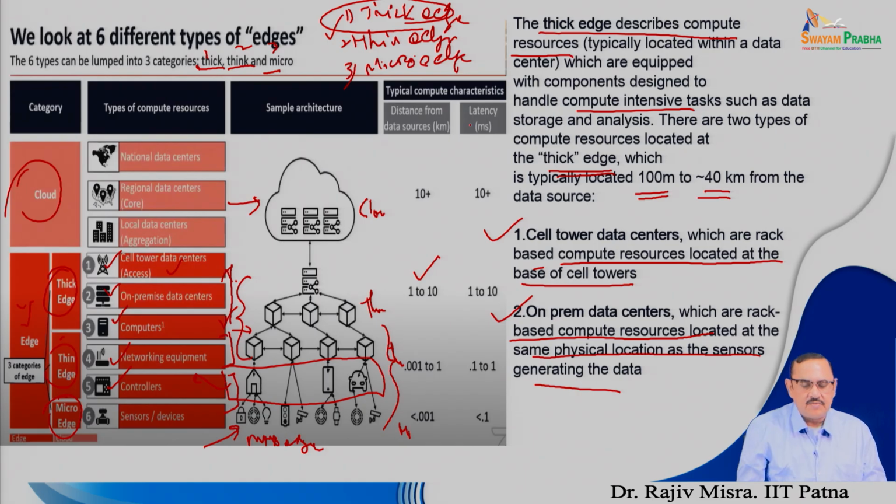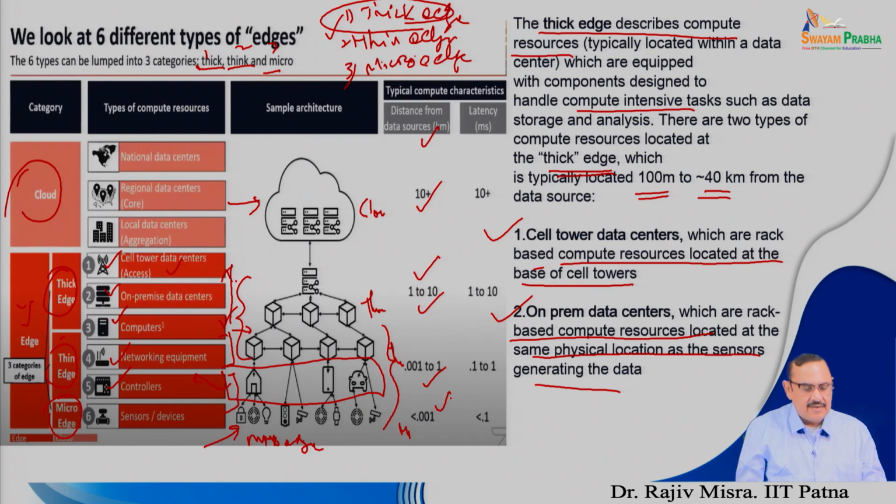Let us see the distance from source. If the data source is 10 plus kilometers away, that means quite far away, then it is called the cloud, whereas the thick edge is 1 to 10 kilometers, very close to the source where data is generated. The network equipment is even less than 1 kilometer, and even lesser than that is the sensor or the device itself.